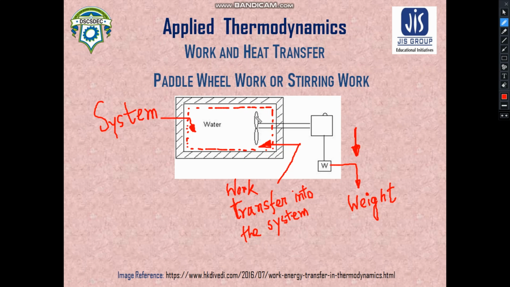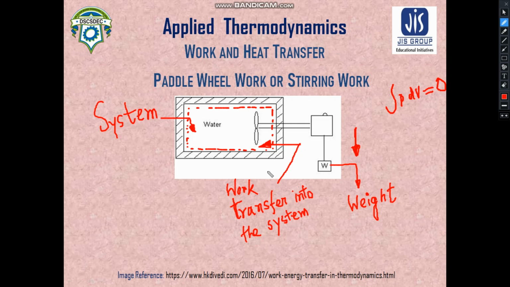So if the stirrer rotates, the temperature of the water will obviously increase. Since the volume of this water is constant, the volume is not going to change. We can specifically mention that there is no chance of PdV work. So this PdV work is obviously zero.